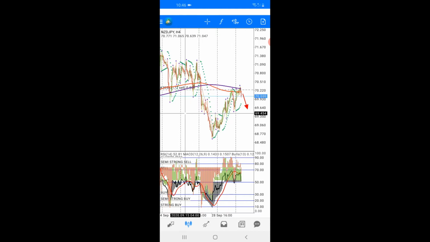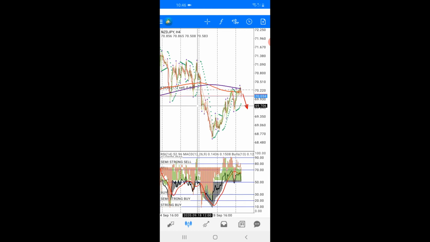These lines are where the market closed for the previous day and opened for the next day. In the 4 hours chart, it means where the market closed for the previous week and opens for the next week.